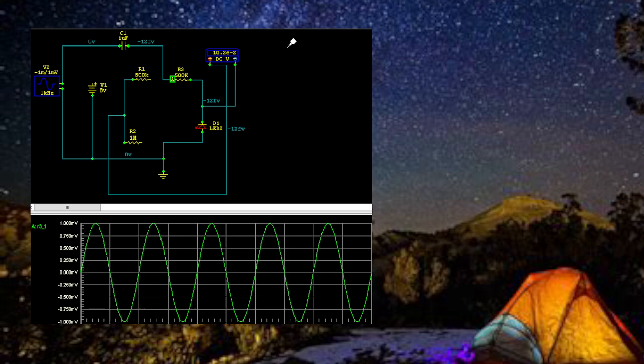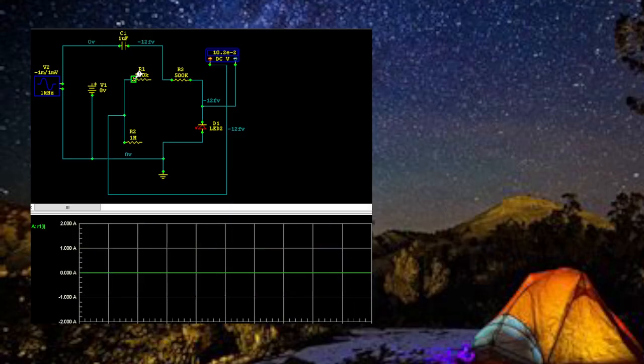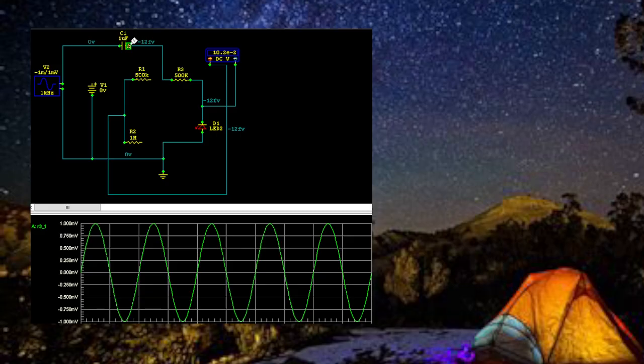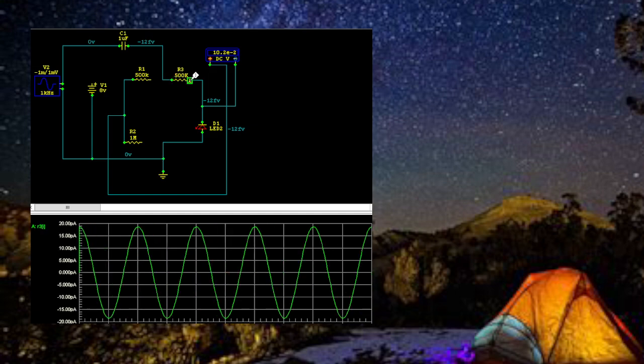Oh, I've got no DC operating voltage. I'm reading transient analysis. That's just an AC voltage going through there. What is that reading? Picoamps?